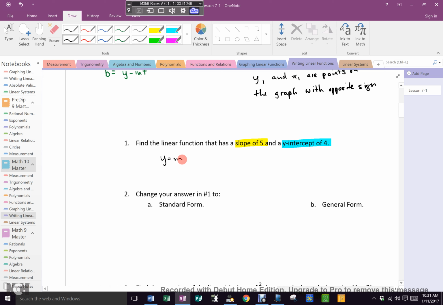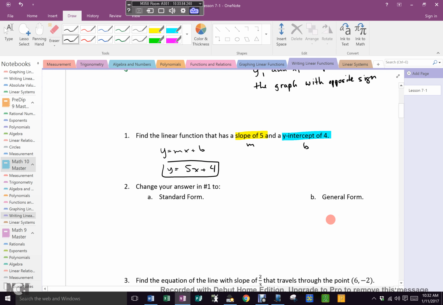Y equals mx plus b. There's my m, there's my b. Y equals 5x plus 4. Right? Now do algebra to turn it into these two forms.